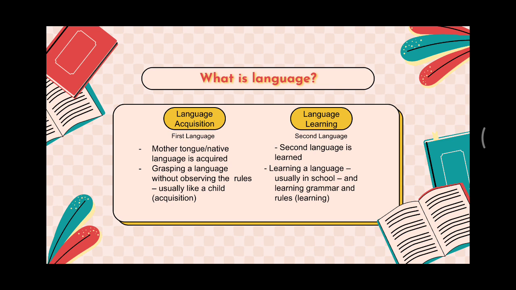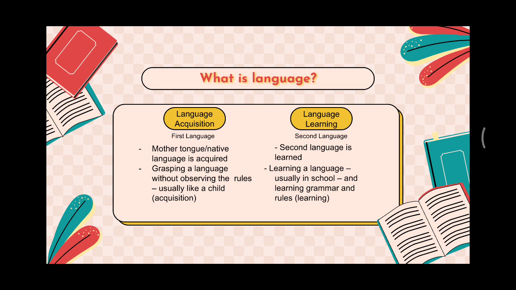We have language acquisition. It is concerned with our first language, and it is the process of acquiring our first language. And we usually acquire our first language without the need to go to school, without the need to have formal education.